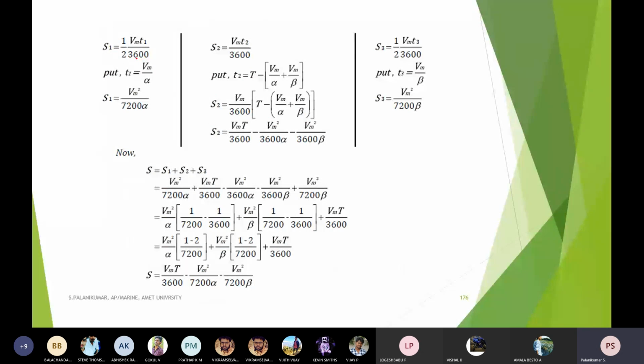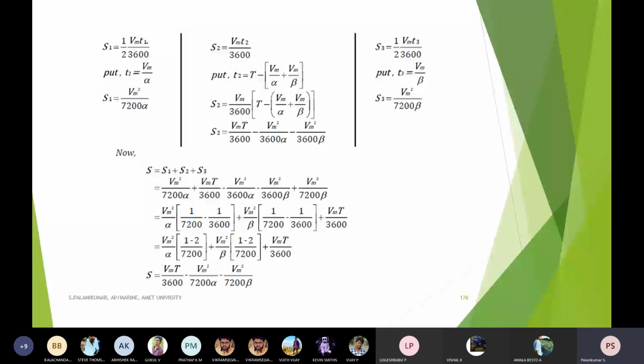This is in terms of seconds: 3600 seconds, 60 into 60, since 60 minutes each has 60 seconds. Likewise, S3 is also a triangle, so I take half of that only: Vm T3 divided by 3600. Whereas the S2 area is a rectangular shape, so I take Vm into T2 divided by 3600.